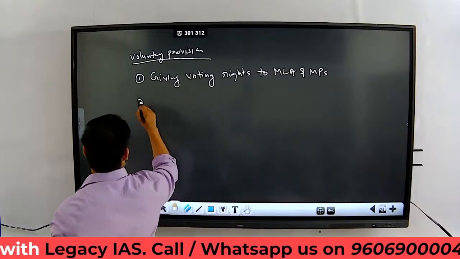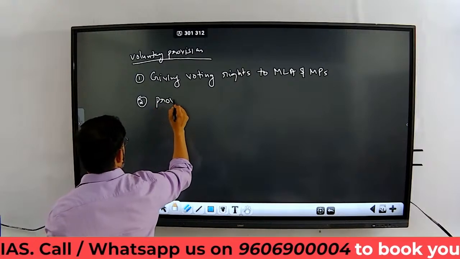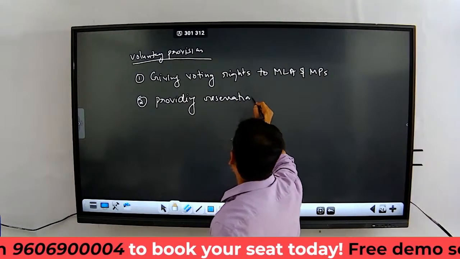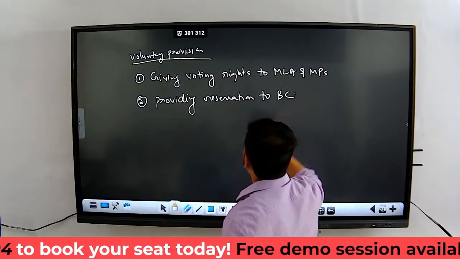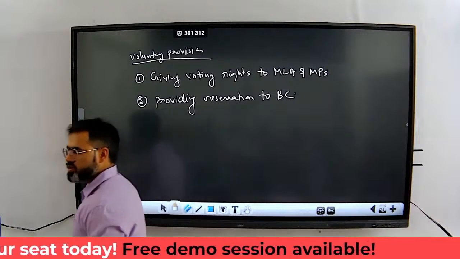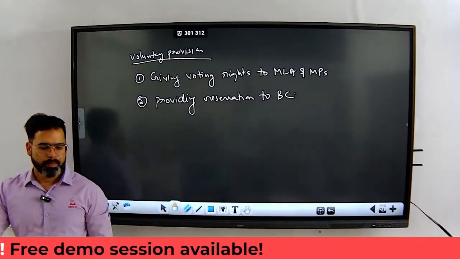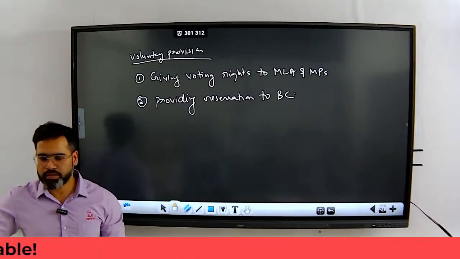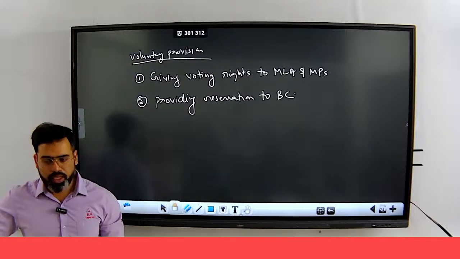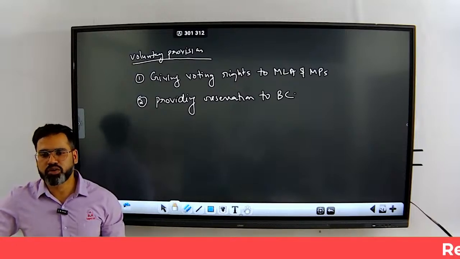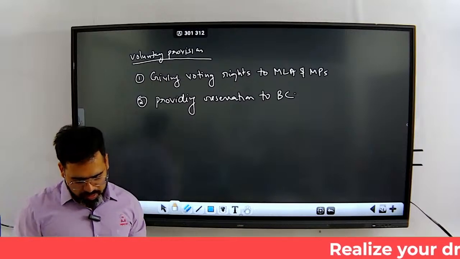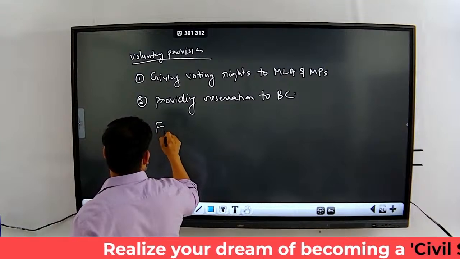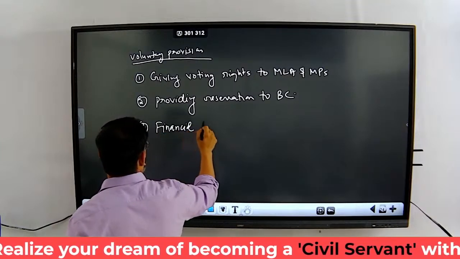Second is providing reservation to the backward class. It is also a voluntary provision. Like recently, Uttar Pradesh has given this reservation to the backward class. Third is financial autonomy.